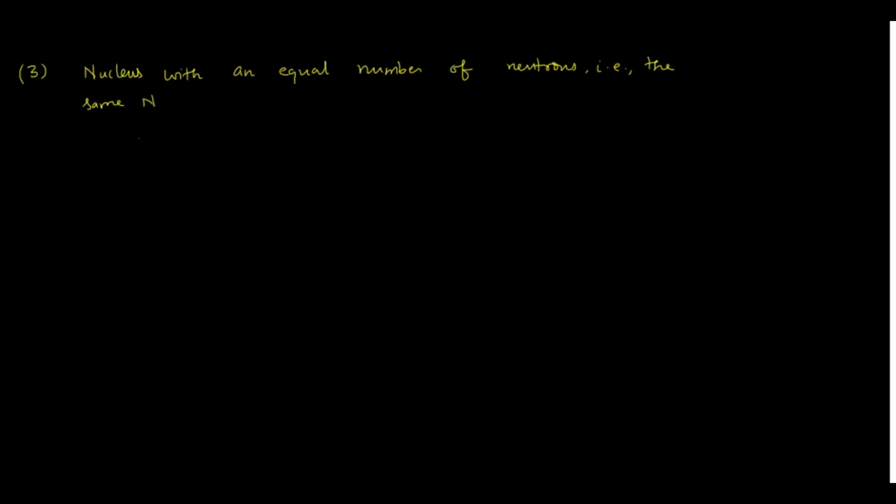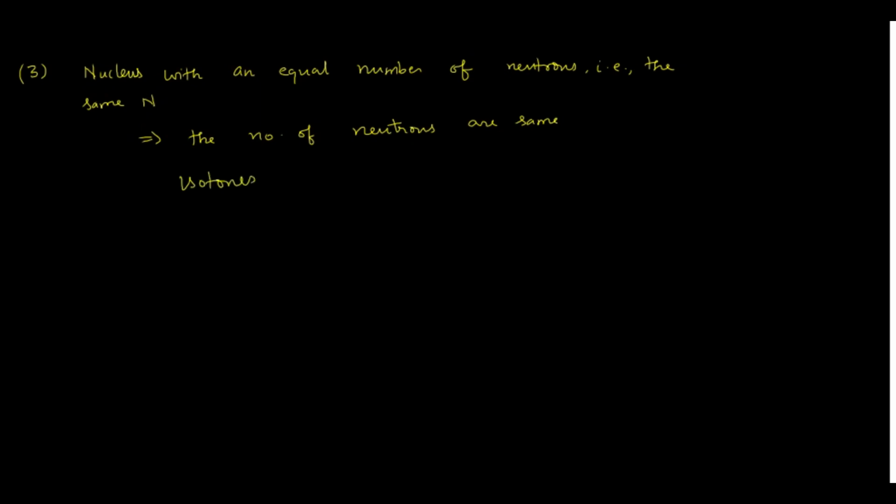So this means the number of neutrons are the same, and they are called isotones.